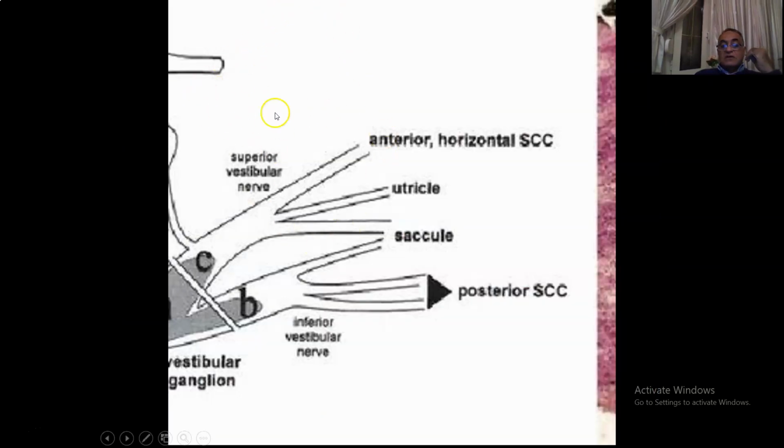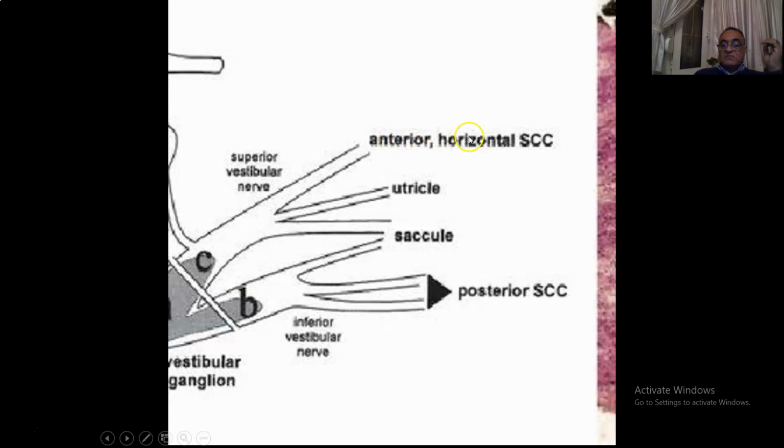As we said, the superior vestibular nerve receives impulses from the anterior semicircular canal and from the lateral semicircular canal or horizontal.